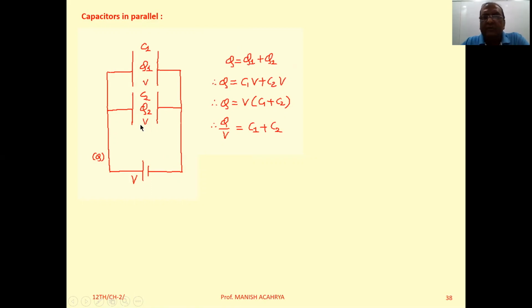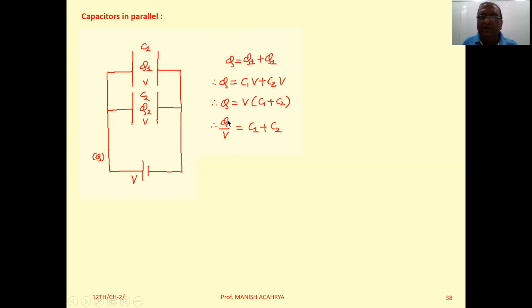Now the potential difference across each capacitor is the same. So we have the equation C equal to Q by V, so we can write Q equal to CV. For the first capacitor we can write Q1 equal to C1V. For the second one we can write Q2 equal to C2V. So resultantly we can write Q equal to V into C1 plus C2.